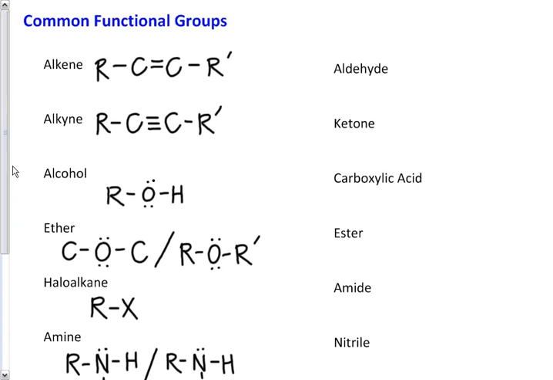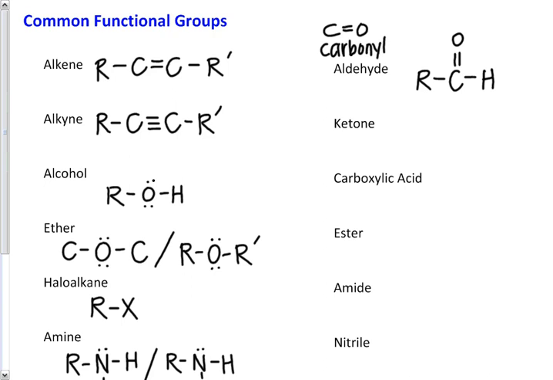An aldehyde is a functional group where you have some carbon chain we'll call R, and then a carbon connected to a doubly bonded oxygen, and then a hydrogen off of that. This CO double bond is called a carbonyl group.